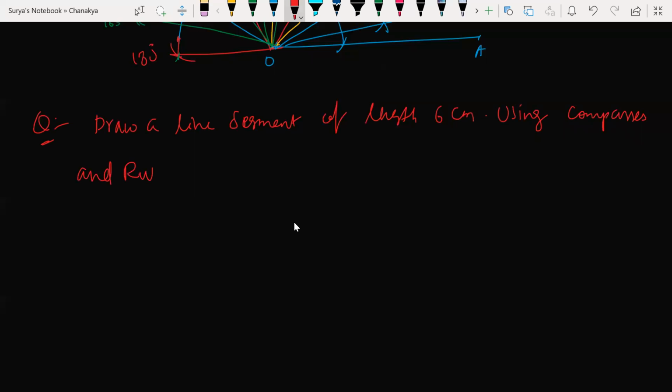What do you mean by ruler? Scale. Very good. Mark point P on it, which divides it in the ratio of 3:4. Quick.